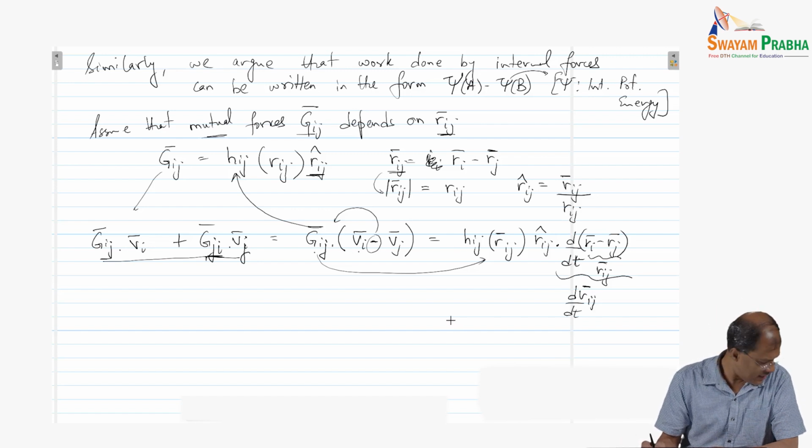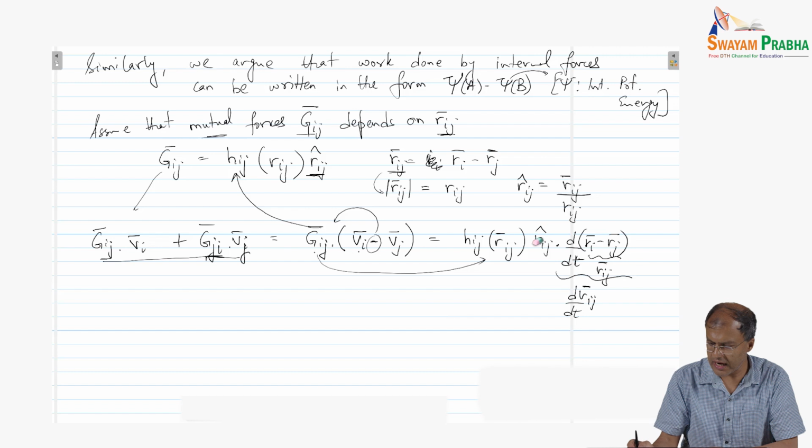Okay, so then I can also convert this Rij hat as Rij bar divided by Rij, from the above formula.